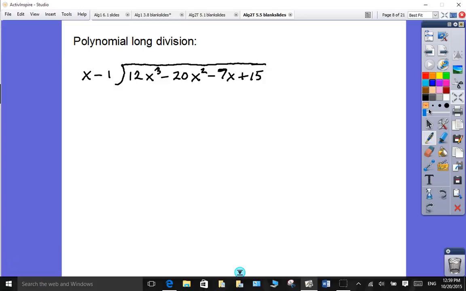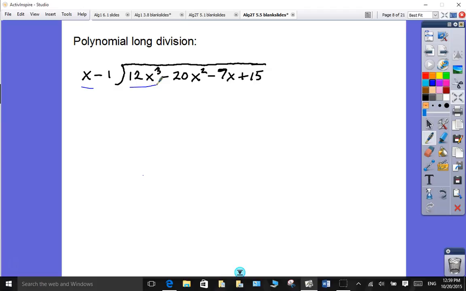Normally if I was dividing with long division, I'm going to say to myself, how many times does what's outside divide into what's inside? Kind of similar to that. I'm only looking at the leftmost term, inside and outside. In a way I'm saying, how many times does x go into 12x to the third?